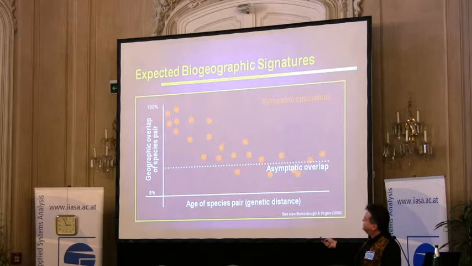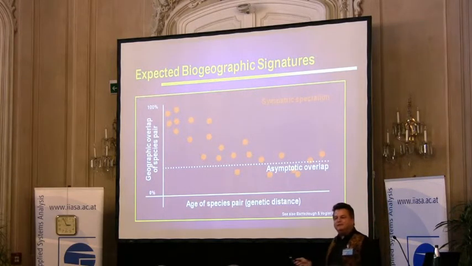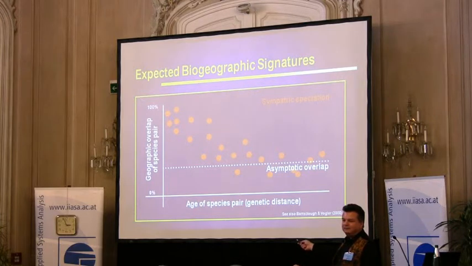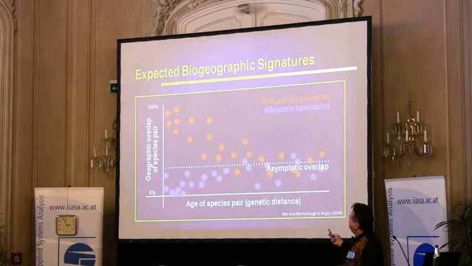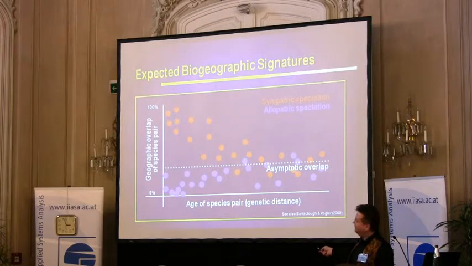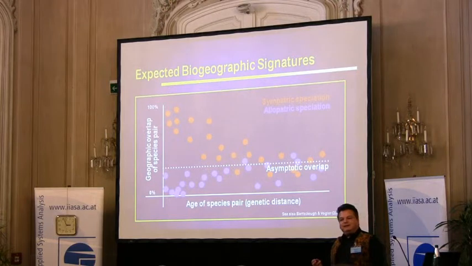But if speciation starts out sympatrically, then for young species pairs, you expect high overlap. So these dots are now species pairs. And if speciation primarily occurs allopatrically, then for young species pairs you expect low overlap, and eventually both curves converge. So that seems like a neat pattern to look out for.